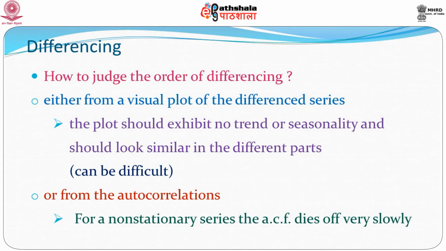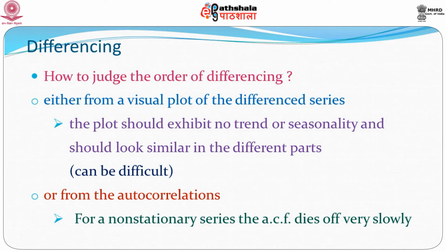Now, for a non-stationary series, the autocorrelation function dies off very slowly. So, it does not go to 0 very quickly as h increases. If you see that there is a large lag for rho, that is, for the autocorrelation function, which is non-zero, then you can expect that there is some form of non-stationarity in the data.